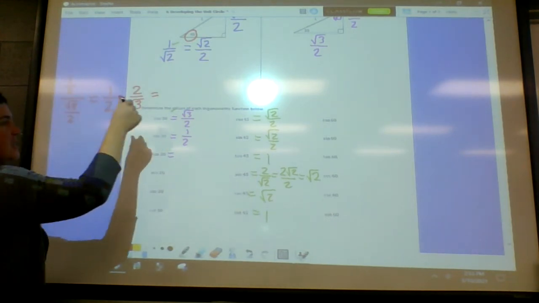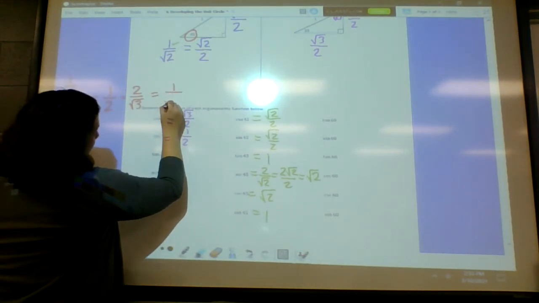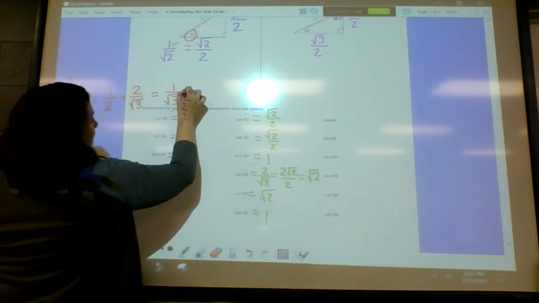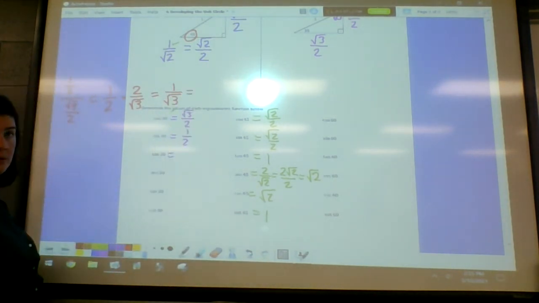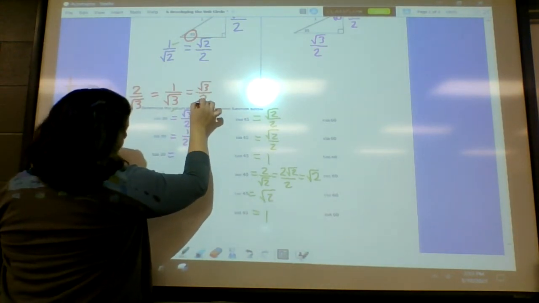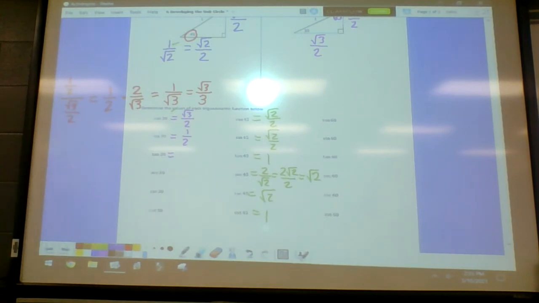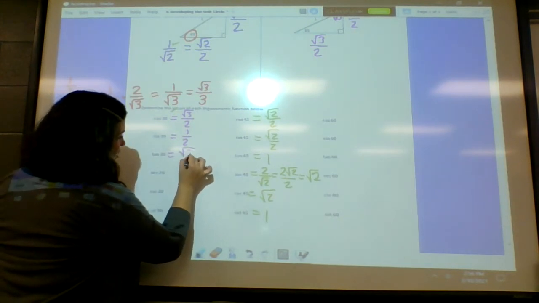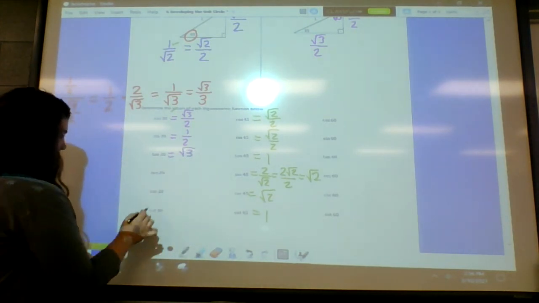They're going to go away. So this would be 1 in the numerator, square root of 3 in the denominator, which can't stay. So it's square root of 3 over 3. So that makes the tangent of 30 the square root of 3 over 3.